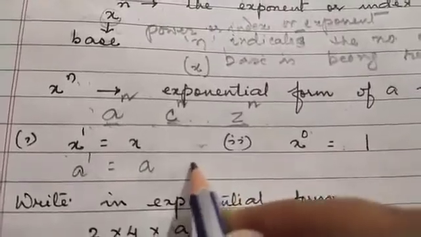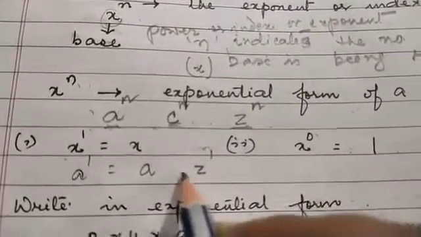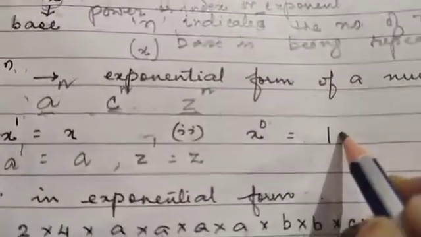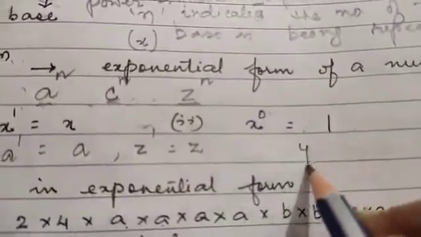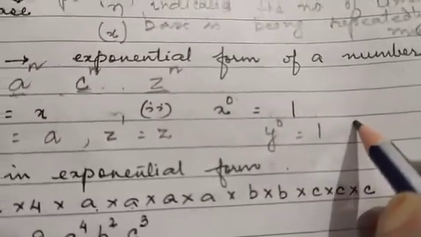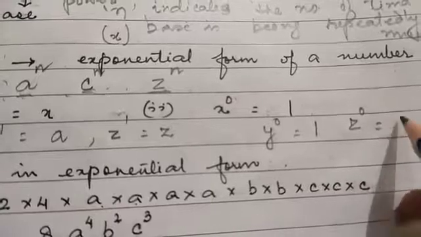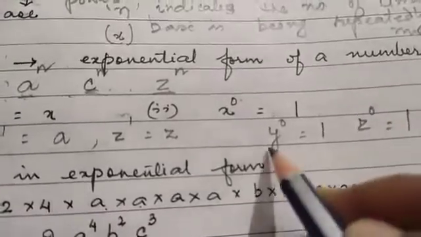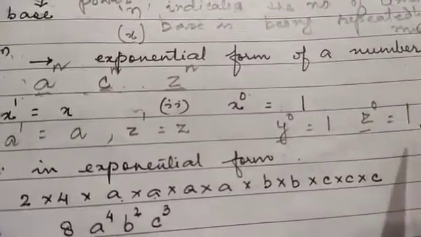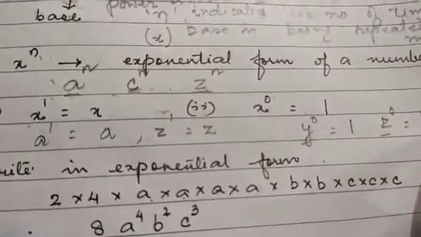It could be z raised to power 1 is equal to z. Any literal to the power 0: y raised to power 0 is equal to 1. Z raised to power 0 is equal to 1.